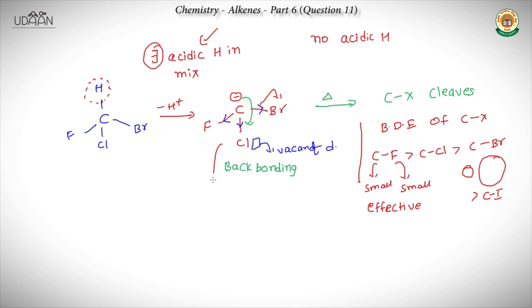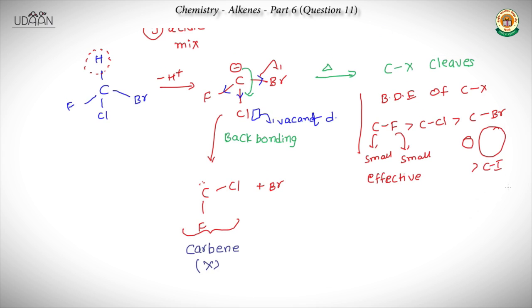You will get C, Cl, F, with Br minus leaving, and you have a lone pair of electrons. Now, this one we call a carbene. This is your X. So the first part is the formation of the carbene.